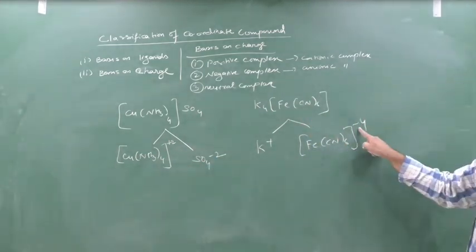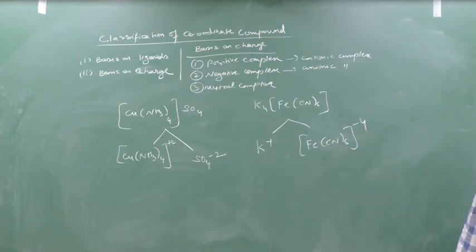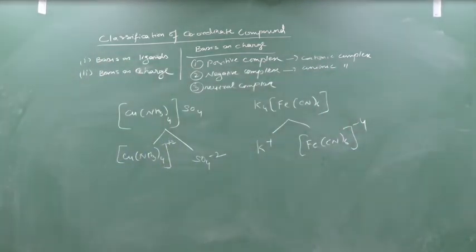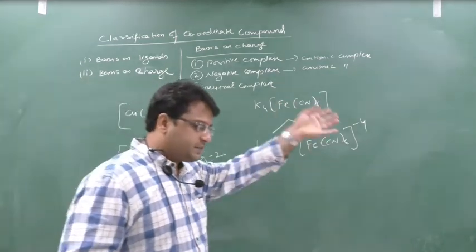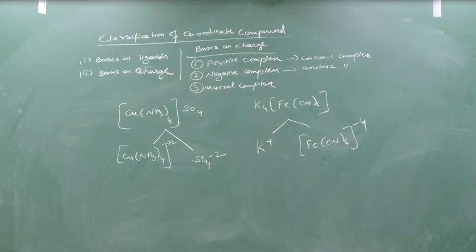If you see negative charge on the coordination sphere, it's an anionic complex. Clear? Write down: if the coordination sphere bears negative charge, then it's an anionic complex.